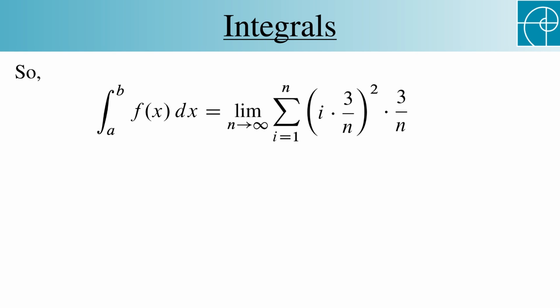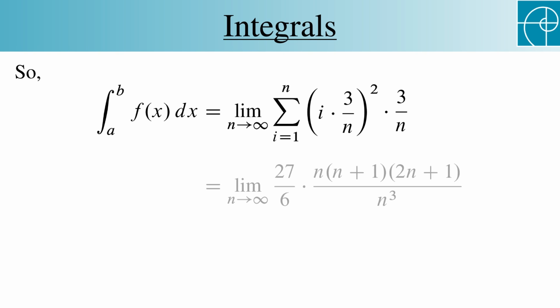So the integral of f is the limit as n goes to infinity of the sum from i equals 1 to n of i times 3 over n, quantity squared, times 3 over n. And by the work we just did, this equals the limit as n goes to infinity of 27 over 6 times n plus 1 times 2n plus 1 all over n cubed.